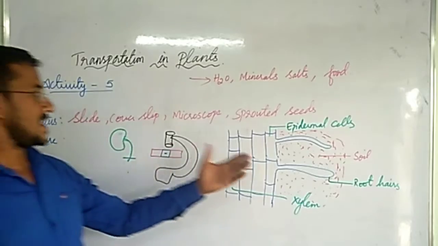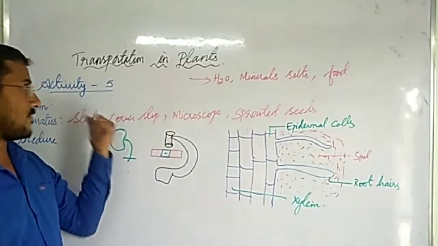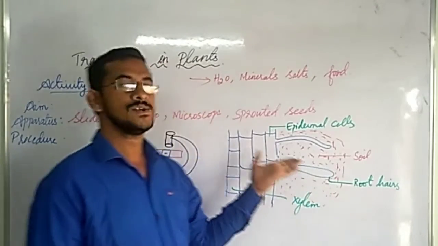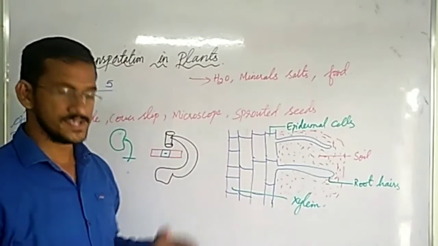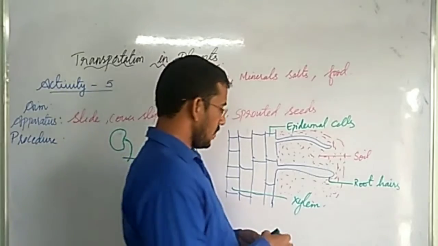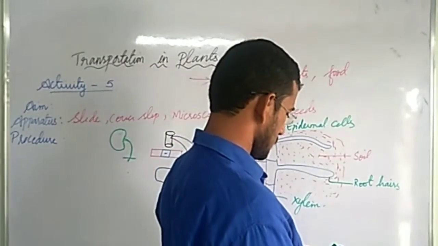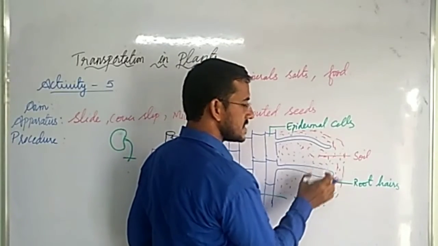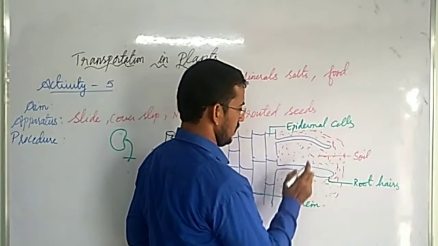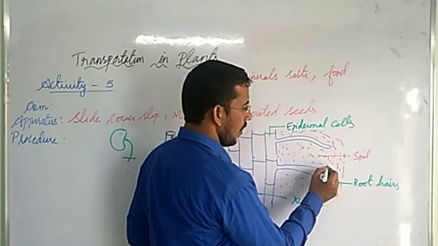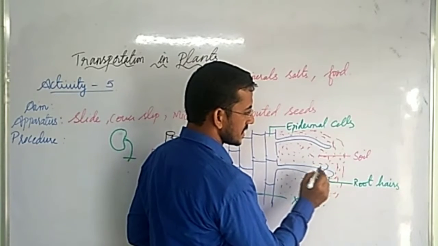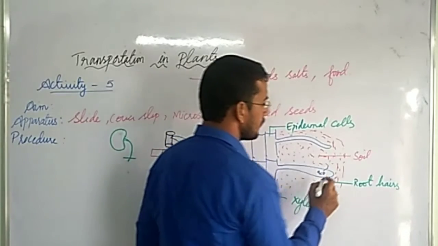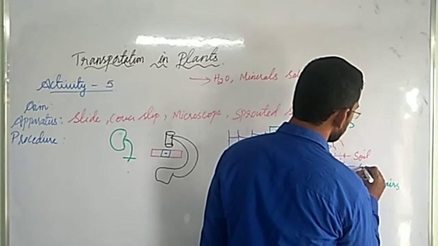Let us understand the conduction of water, how water is transported from root hairs to the xylem. In the soil, water is present, that we know. From the soil, water enters into the root hair cells because of osmosis.